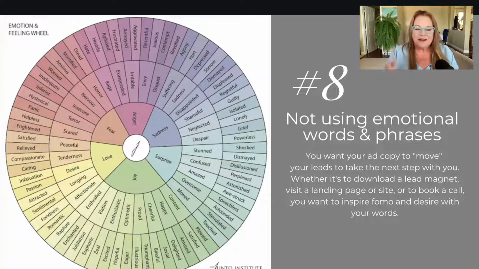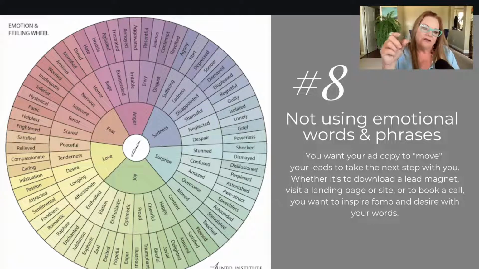Here's an example. Now, I didn't come up with this. I want to credit the Junto Institute for Entrepreneurial Leadership. I was doing a Google search and I found this incredible emotional feeling wheel of emotional words and words that can be spun into phrases.